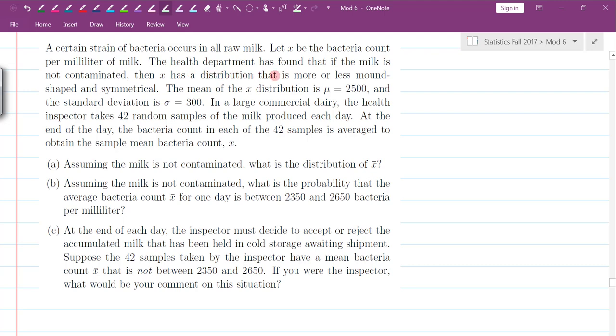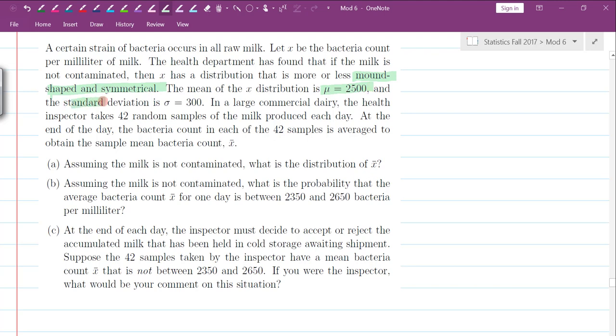What does this mean? Mound shaped and symmetrical. Well, that tells you it basically has a normal distribution, right? The mean of the X distribution is equal to 2,500. The standard deviation is equal to 300.